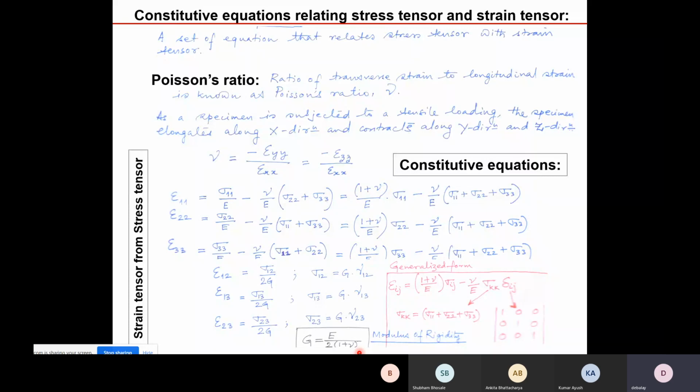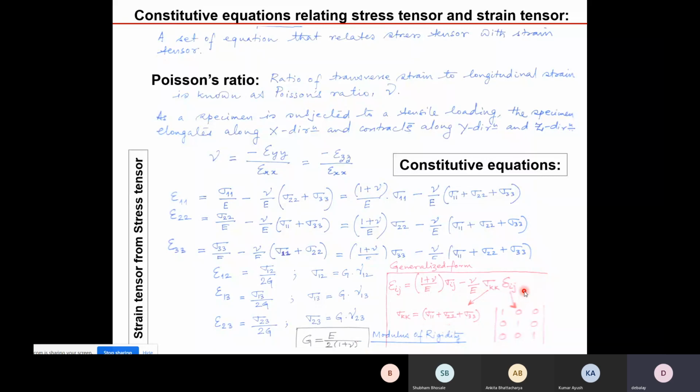Sometimes these constitutive equations, all the equations, can be represented in a generalized form. If you can see the generalized form, it's very easy to remember. Epsilon ij, where ij are any term between 1, 2, and 3, equal to 1 plus nu by E sigma ij minus nu by E sigma kk delta ij. Sigma kk equal to sigma 11 plus sigma 22 plus sigma 33.